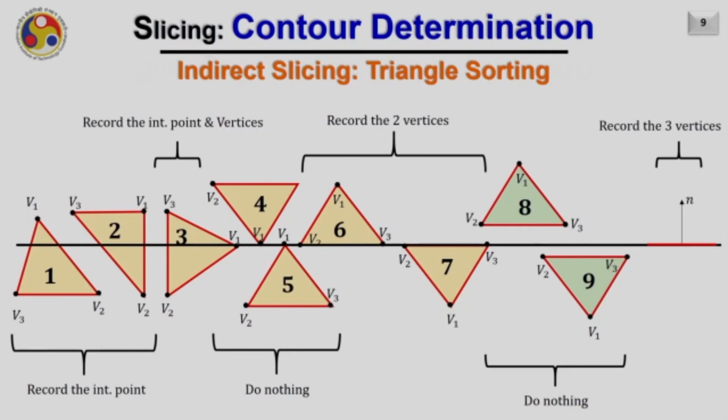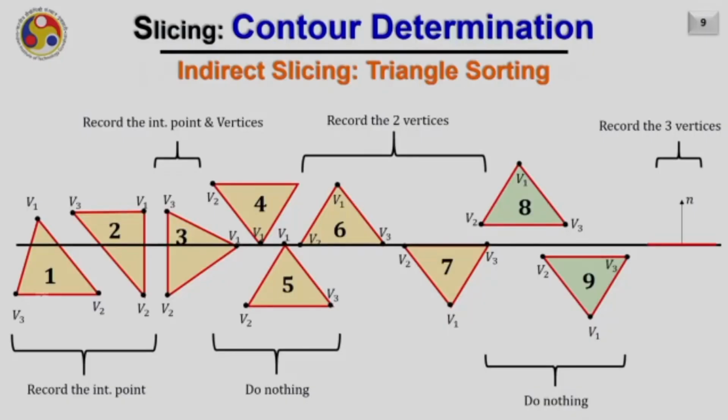Let us now discuss the triangle sorting algorithm. What you are seeing here are 10 different cases for the position of a triangle with respect to the slicing plane. It could be that one vertex of the triangle is above the slicing plane and two vertices are below the slicing plane.